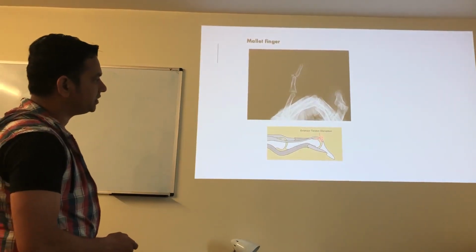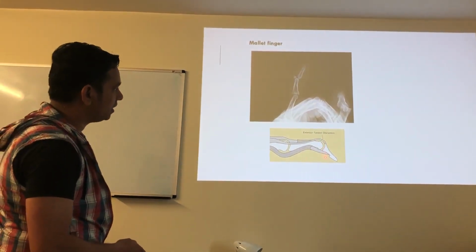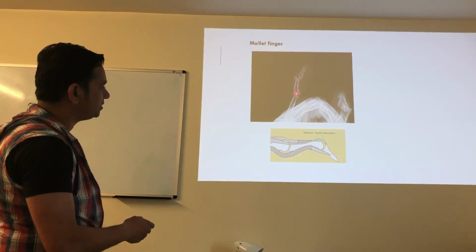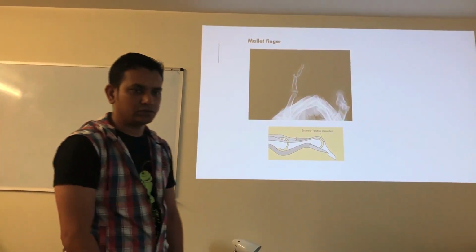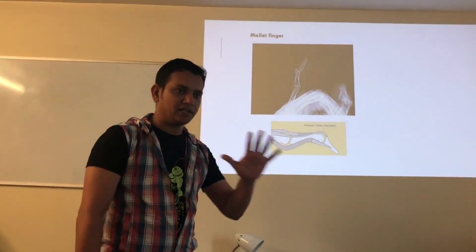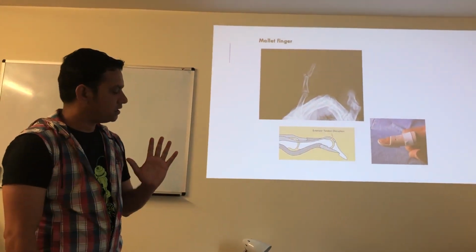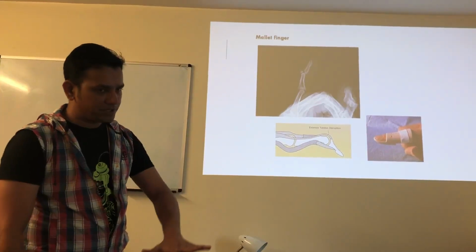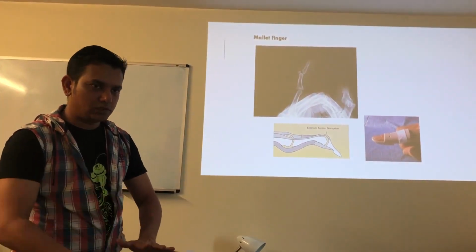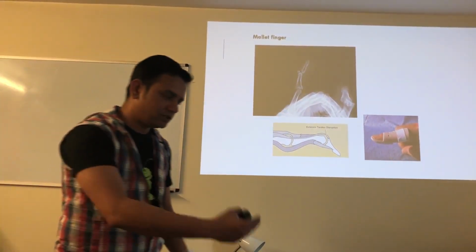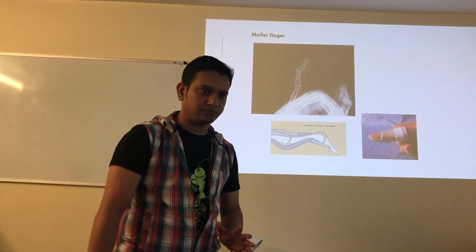Extensor digitorum tendon is avulsed, and when it gets avulsed, it may take a chip and get the bone out. You put them in a mallet splint, which looks like this. You tell them, keep it on until the orthopaedician says. You're going to follow up with the orthopaedic surgeon or the hand surgeon.